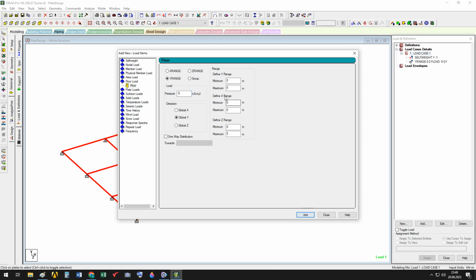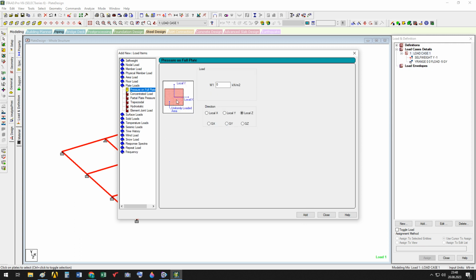Click on add. That's also on plate loads. Let's apply another load. Let's make it 10. Direction is local z. Local z, as you see, is the local plate axis, which is perpendicular to the plate plane.